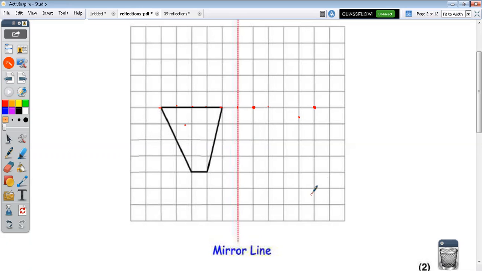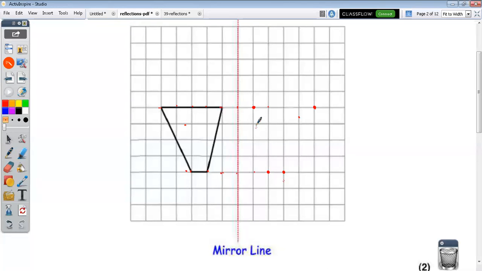Then this point here is 2 boxes from the mirror, so this one will also be exactly 2 boxes from the mirror. Then this point here is 3 boxes, so exactly 3 comes there.